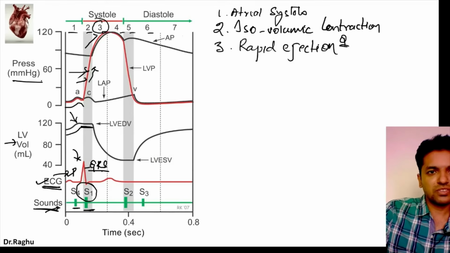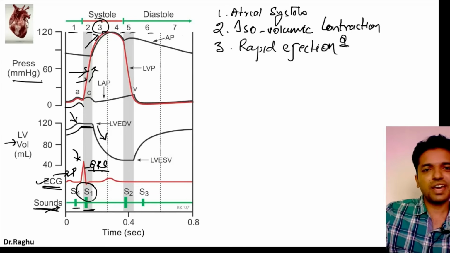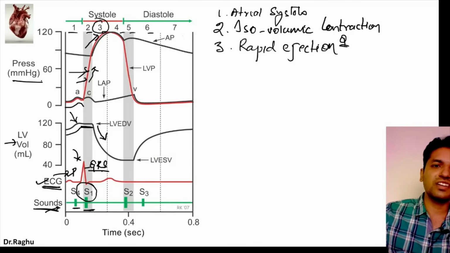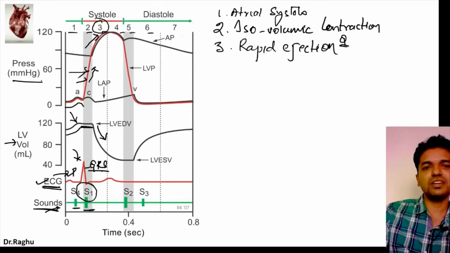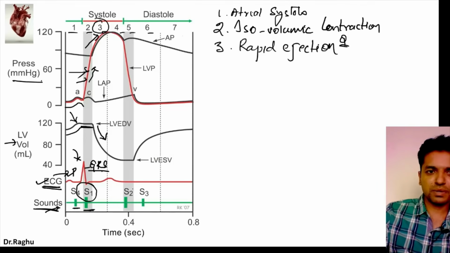The ventricular pressure increases, but the ventricular volume decreases. Why does that happen? Because the blood from the ventricles is now entering the aorta or the pulmonary artery. Here I am dealing with the left ventricle, so I will say aorta. So two things: increase in the pressure, decrease in the volume.